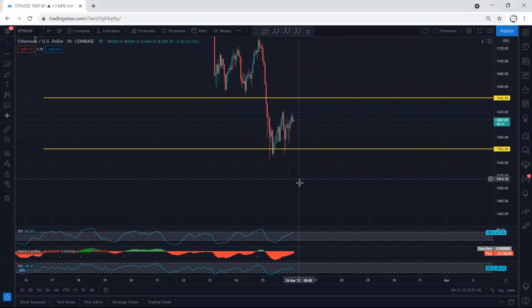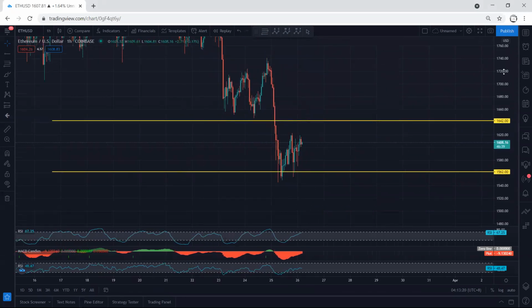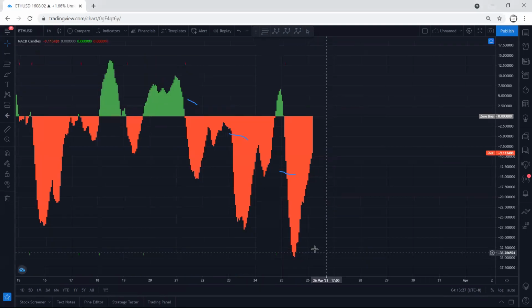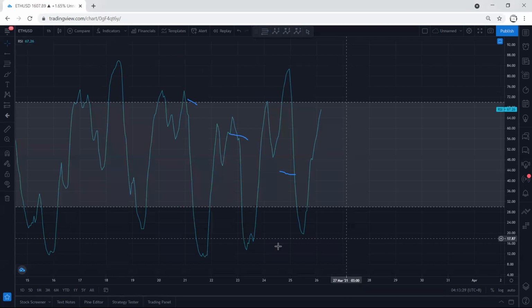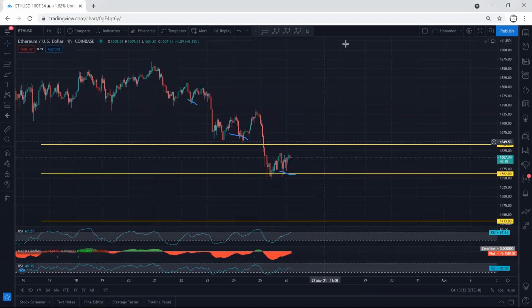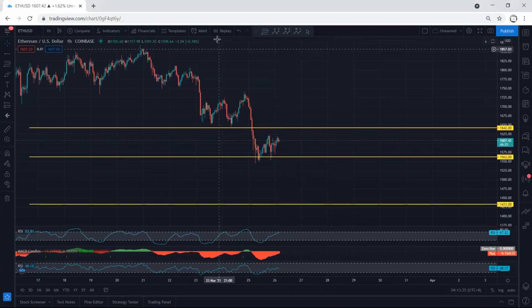Okay, now the thing is, if we put these things in relative to each other? If we refer to the MACD, we have nothing, and here we have a divergence, two different results. By the way, what we have here, we can look for sell.